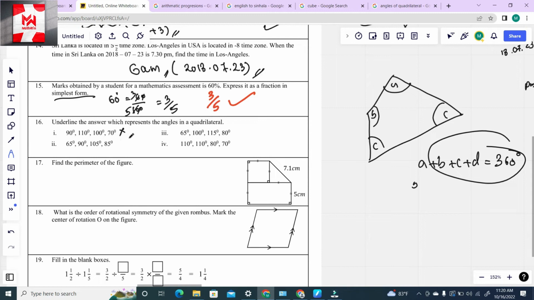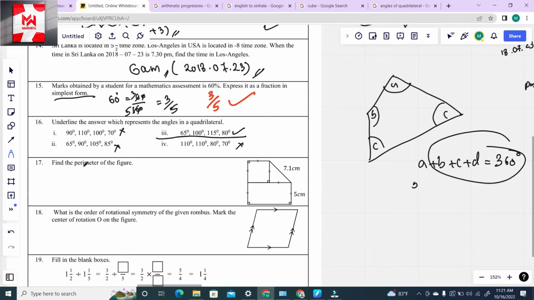This one, 65, 165, 300, this will give 360. Therefore the answer is this one. This one also I think no, it will not give. This one, no, it will not give. So this is the answer. That means the summation of the internal angles should be equal to 360.